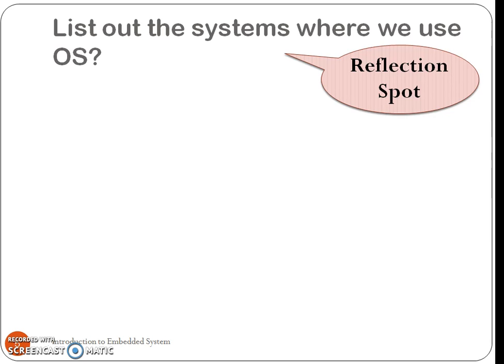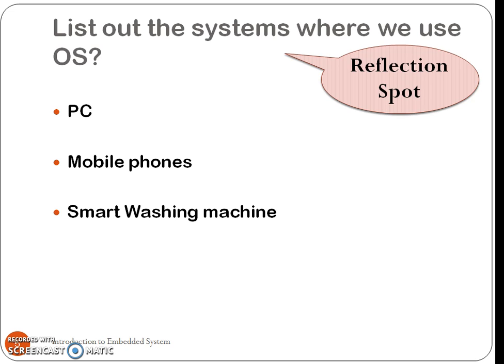Fine, thank you. So I hope you may have written or listed the different devices in which the operating system is there. First of all, the very basic device that we all know is the PC, that is computer system. Second is our smartphones, mobile phones, which include the operating system in it. Smart washing machine.